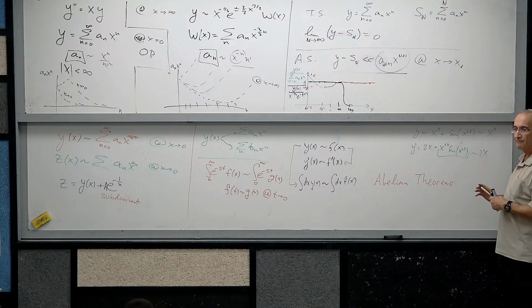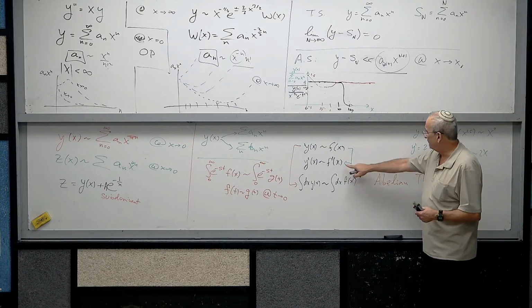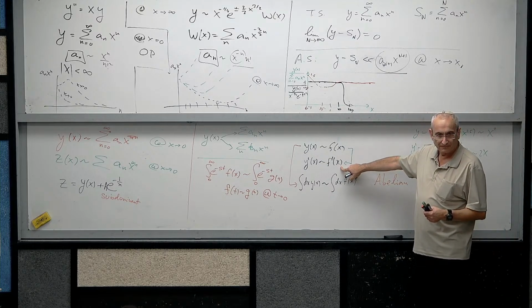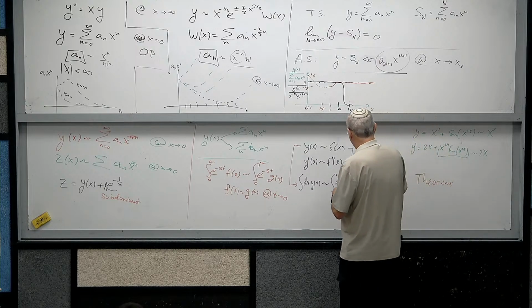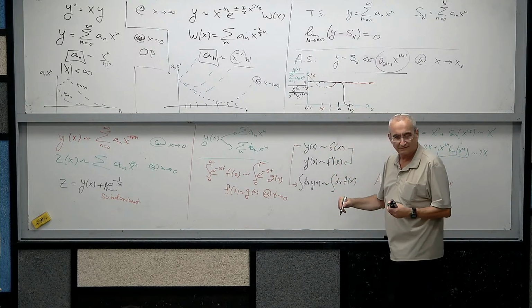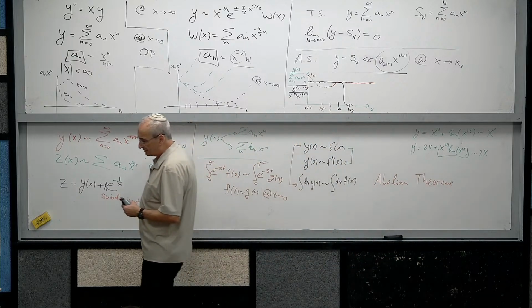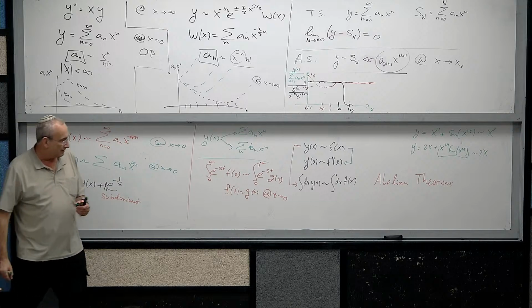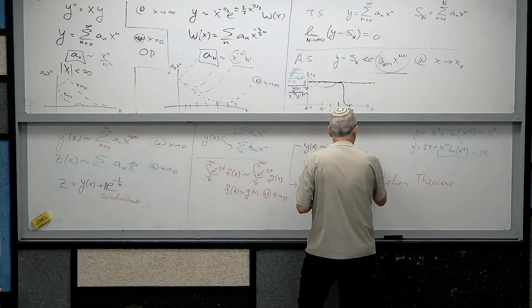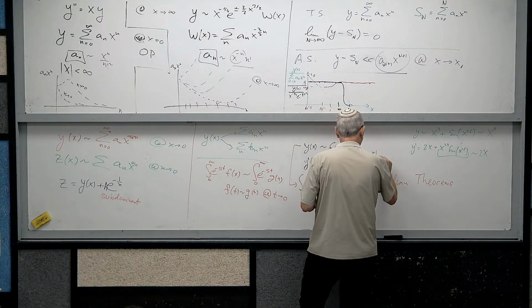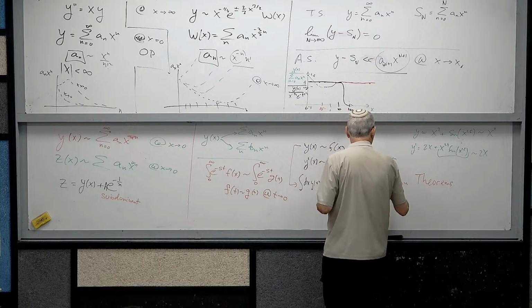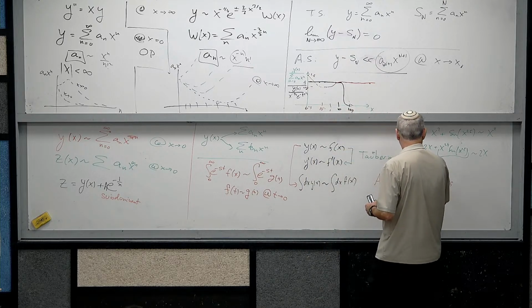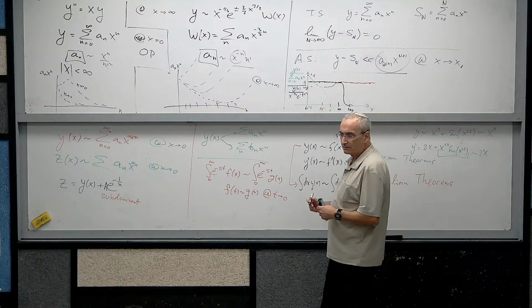So it's much more difficult to give a guarantee for the derivative relationship. The theorems that deal with that are called Tauberian theorems.